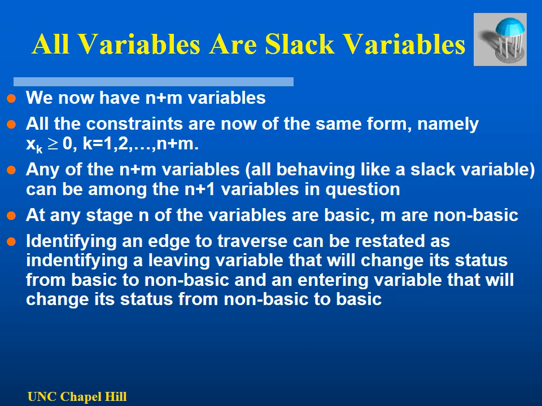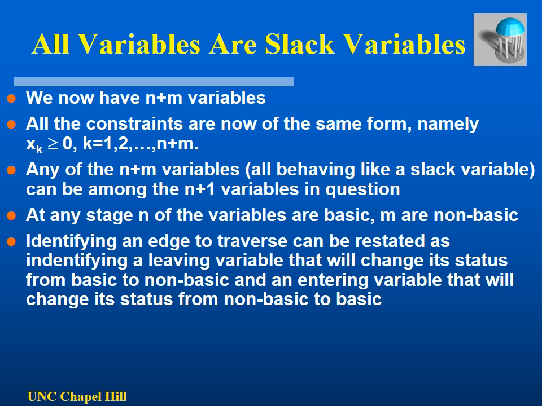So what we've said is that all variables act like slack variables. We have n plus m of them, and any of them can be among the n plus 1 variables in question, namely the leaving variable, the n minus 1 variables that remain 0, and the entering variable.